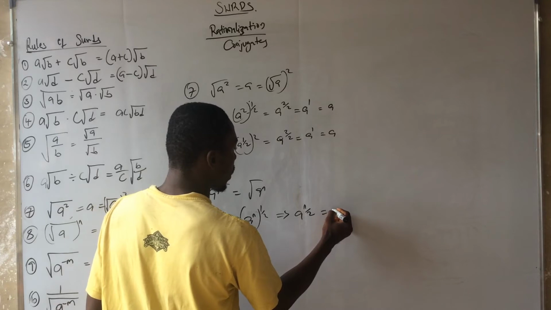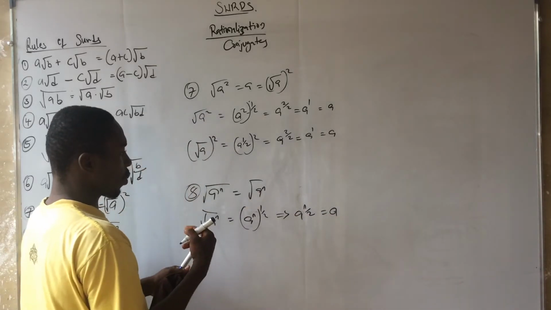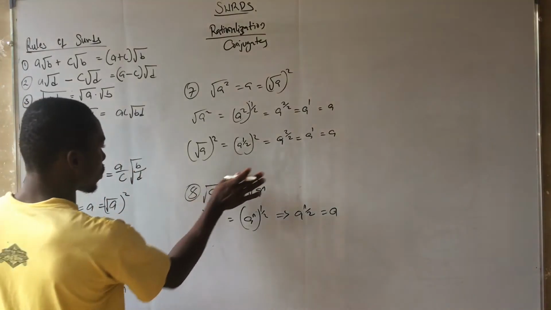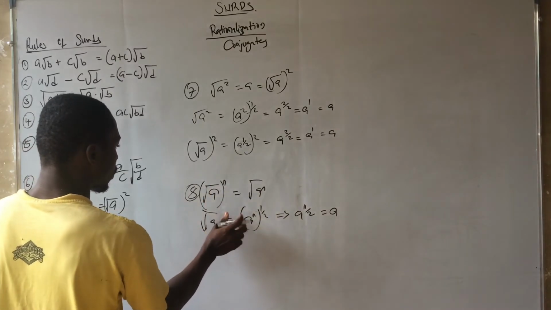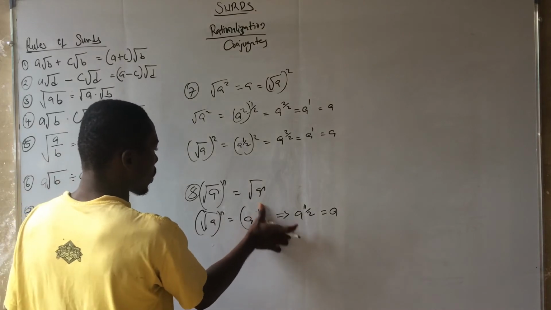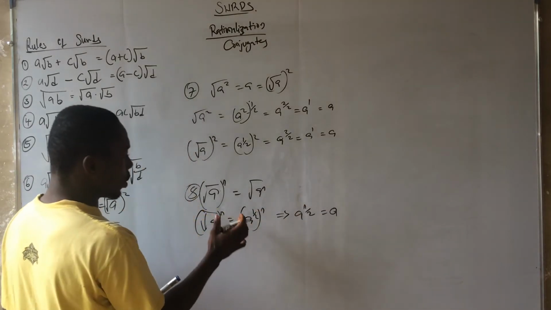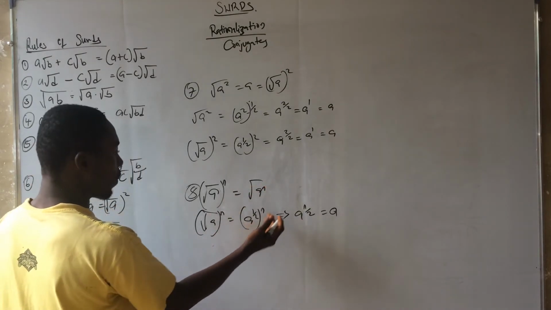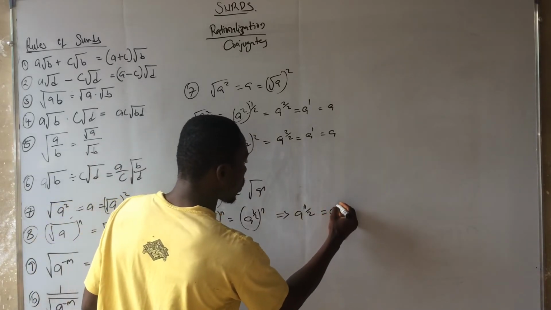This we are going to get now. Since we want to get this now, we bring in our n and take out our 2, to be equal to what?